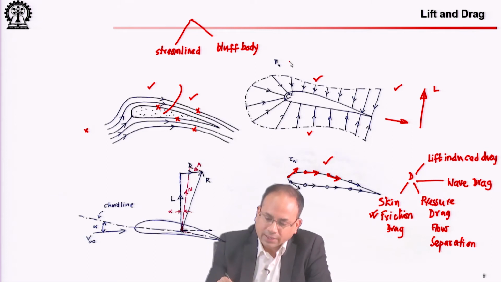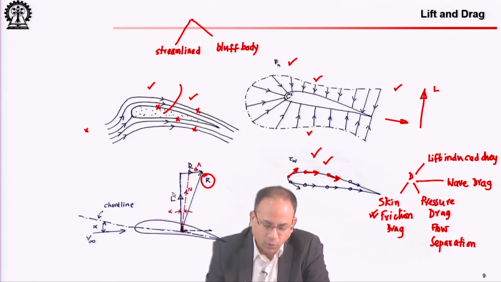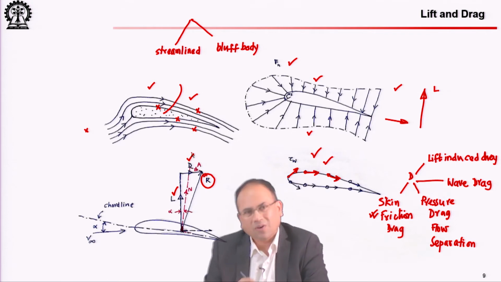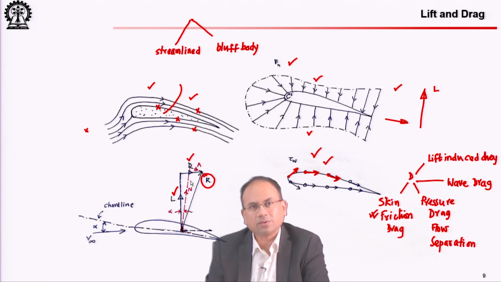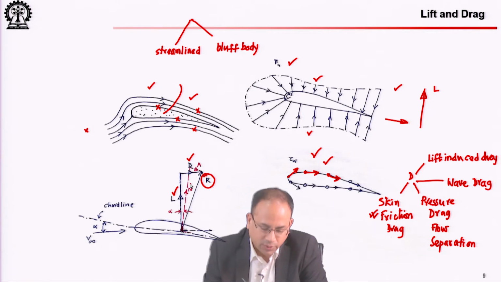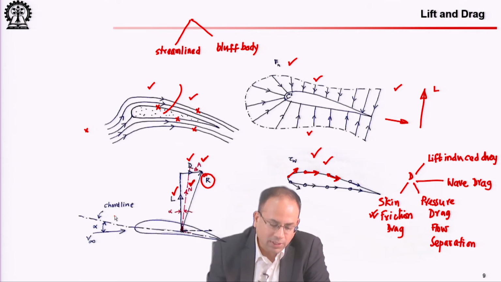If you take the resultant of all these things, you get something like this resultant R, and then you can resolve it normal to the relative wind and parallel to the relative wind, getting lift and drag, or for the purpose of other analysis you can also resolve it along any mutually perpendicular axis you want. So, here N and A relate to normal force and axial force, where normal force is along the normal to the chord line.